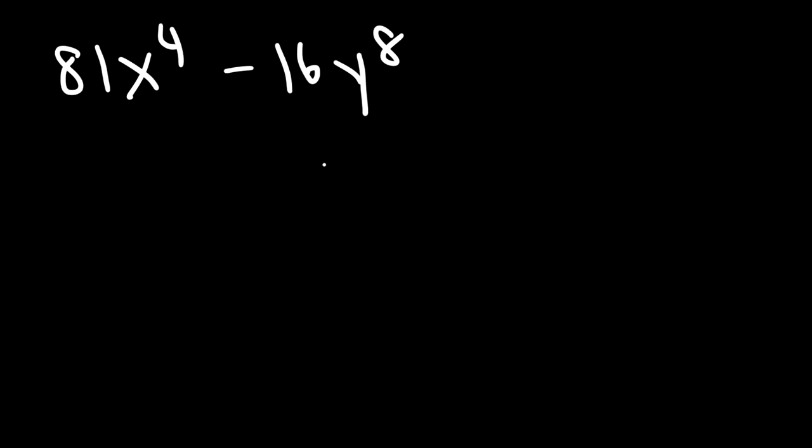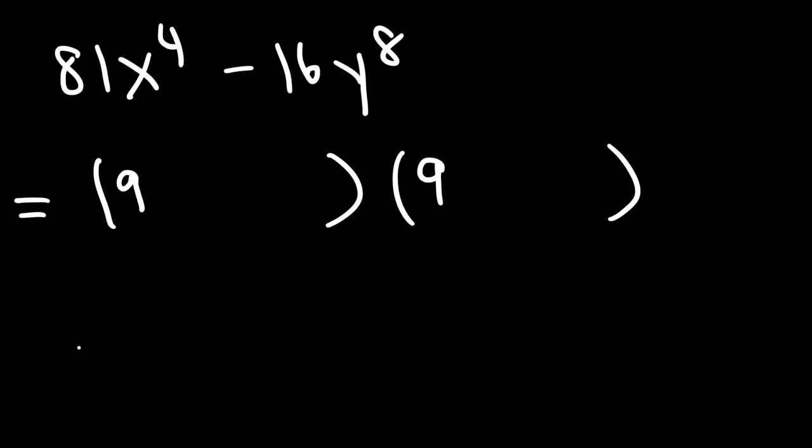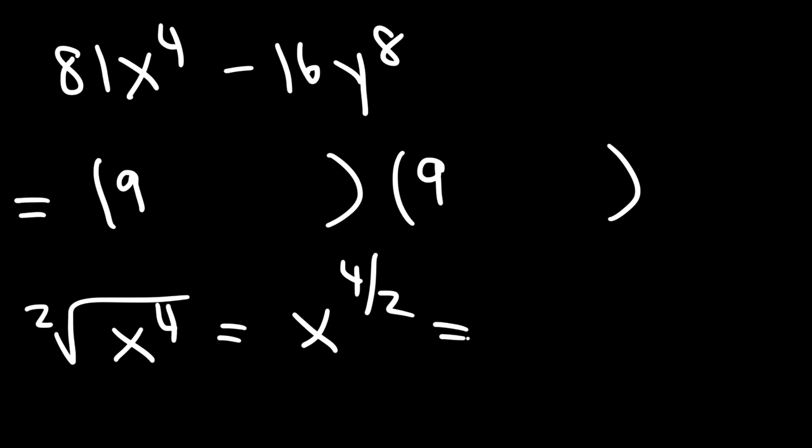Now here is a harder example. 81x to the 4th minus 16y to the 8th. Try that. The square root of 81 is 9. And what is the square root of x to the 4th? There is an invisible 2 here. It's really x to the 4th divided by 2, which is x squared.